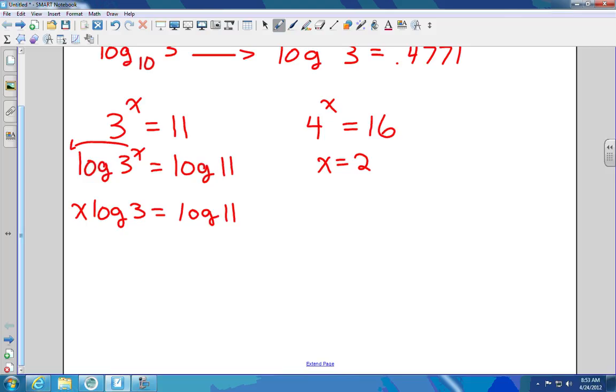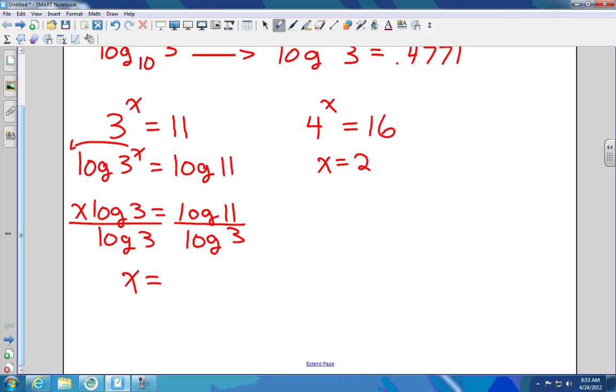So what's happening between the x and the log 3? It's being multiplied. So what's the inverse operation? So we divide both sides by log 3, and we get our answer.